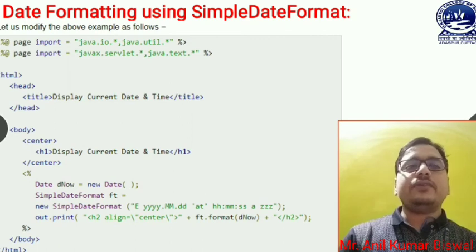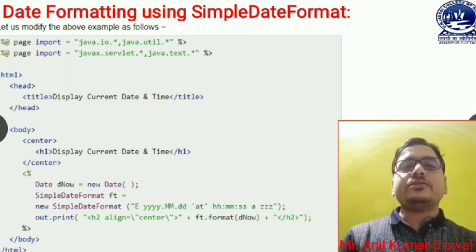Next we use the out.print method. In that print method we use the SimpleDateFormat object ft.format within parentheses. Here format is a method. In that format we have a parameter, which is an object type parameter, and that parameter is dNow.